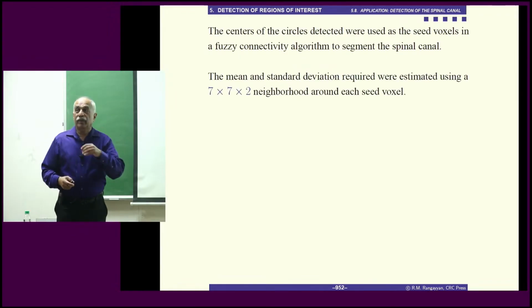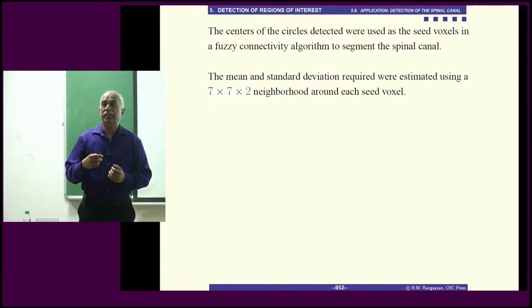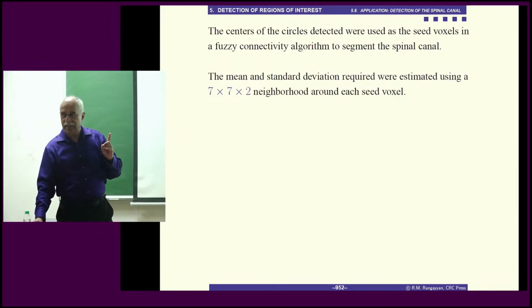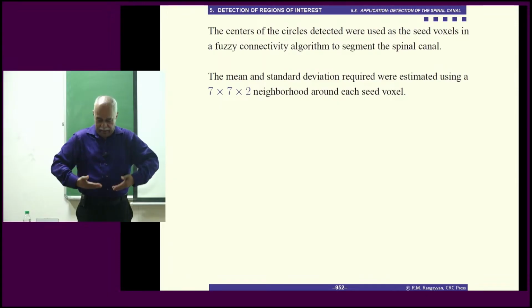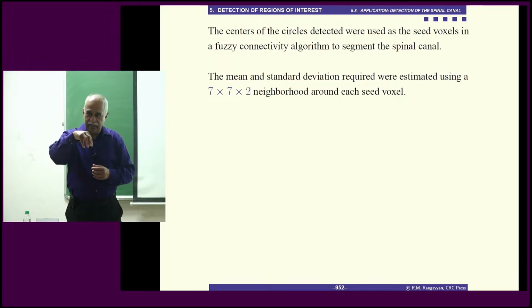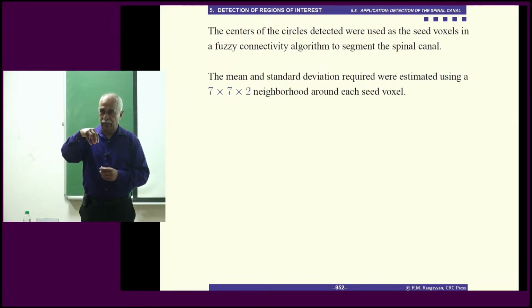Now, about detection of seed pixels, you asked. The center of each circle detected, in all these slices, was taken. In each slice you get a circle. Take the center and a few pixels around that as your seed and compute in 3D.